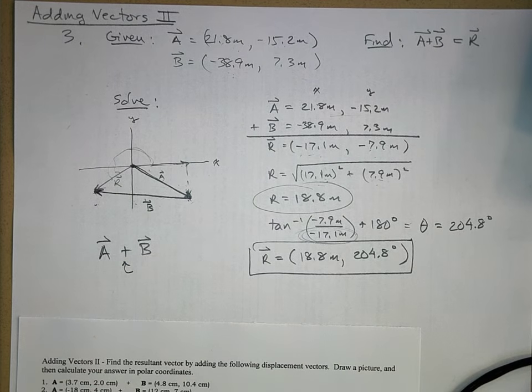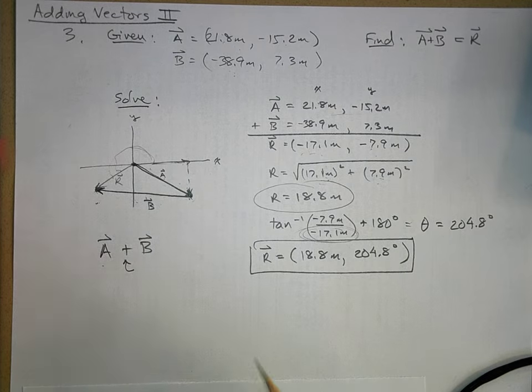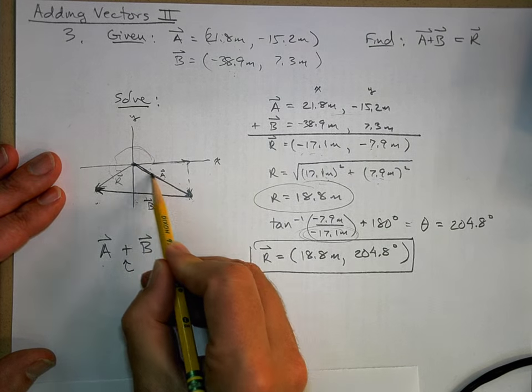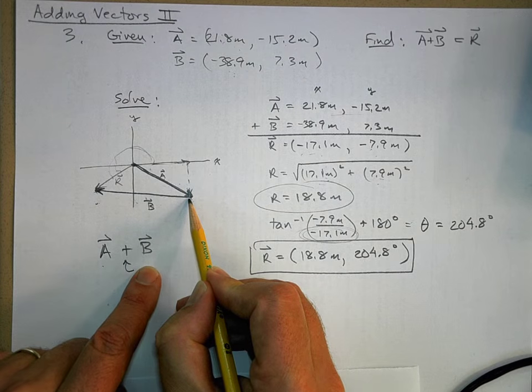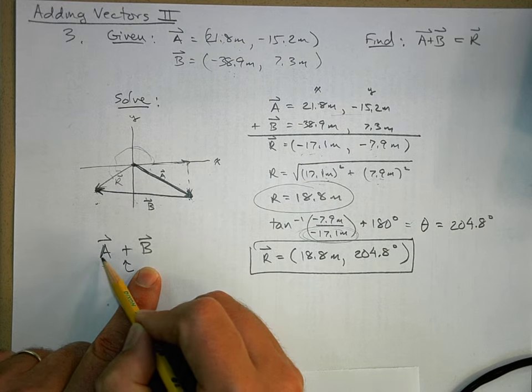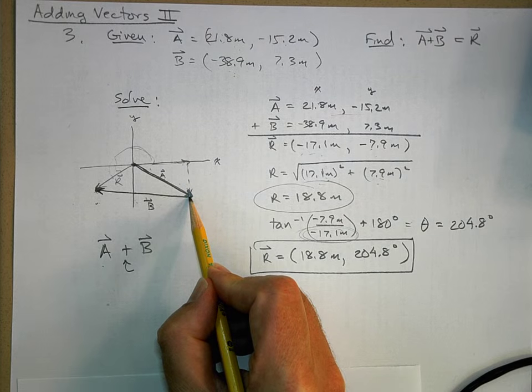It's telling you to hook them up head to tail. A goes first. So you draw vector A, but then you have to start vector B where vector A ended. That's what it means to add vectors together.